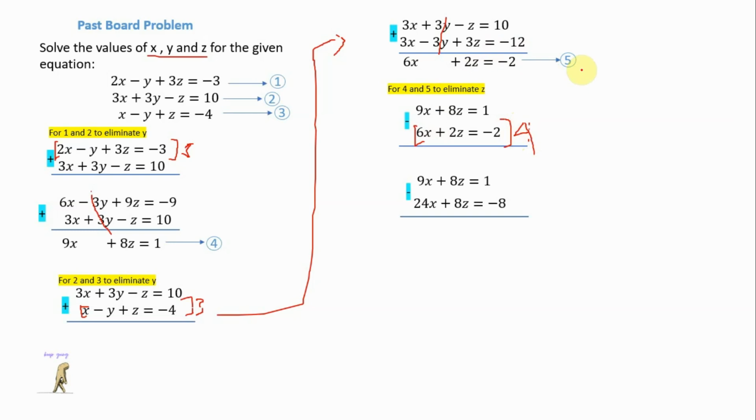So we can see it becomes like this. It becomes 24, and then 8z, and it becomes negative 8. So we subtract them in order for the value of our z to be cancelled out. So we can cancel it out, then simplify more. It becomes like this.